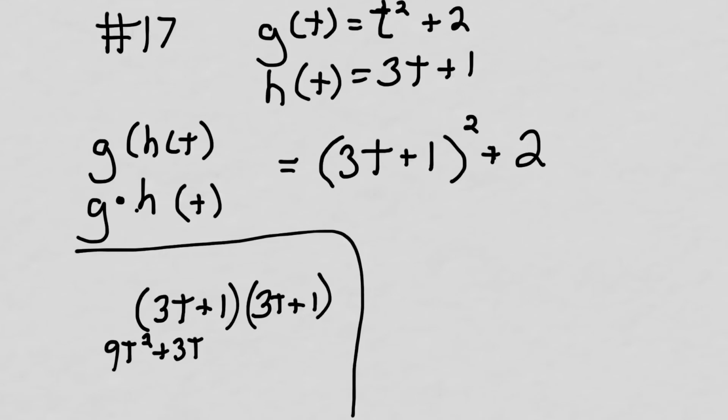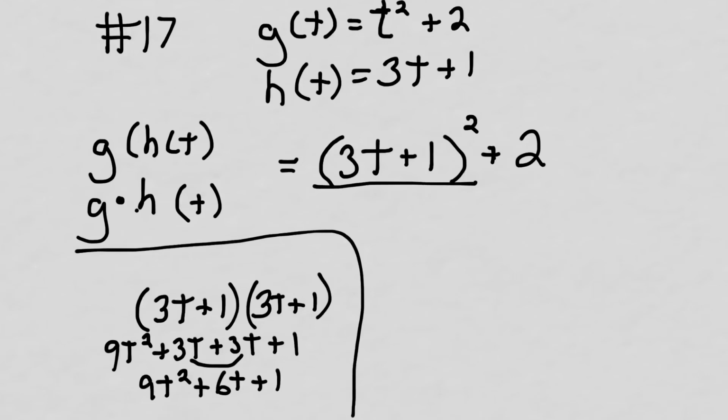Inner, 1 times 3t is going to be plus 3t, plus 1. Combining the middle terms, the final answer on this is 9t squared plus 6t plus 1. So up here, 3t plus 1 squared is equal to 9t squared plus 6t plus 1, and I bring down the 2. Can't forget about that.